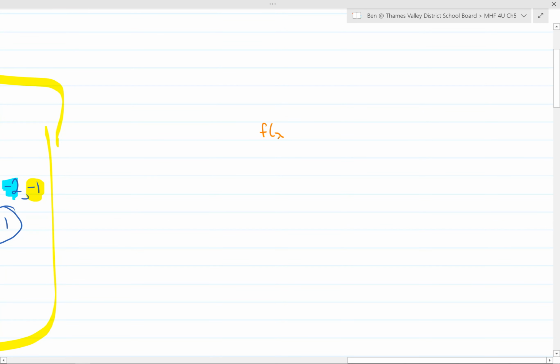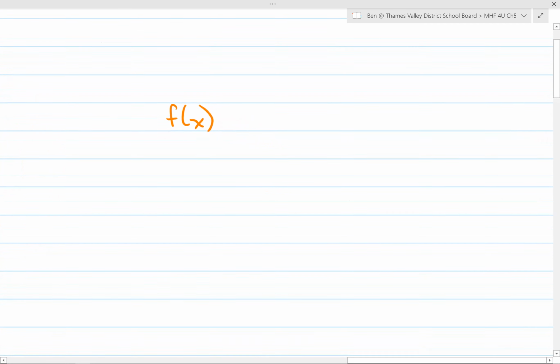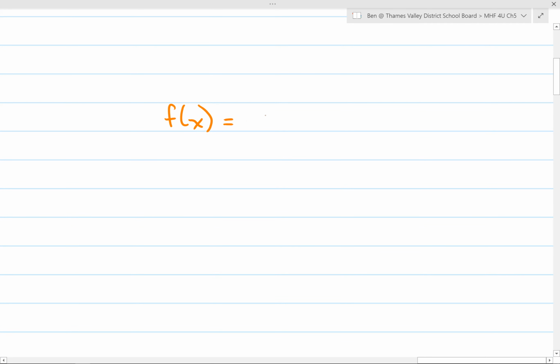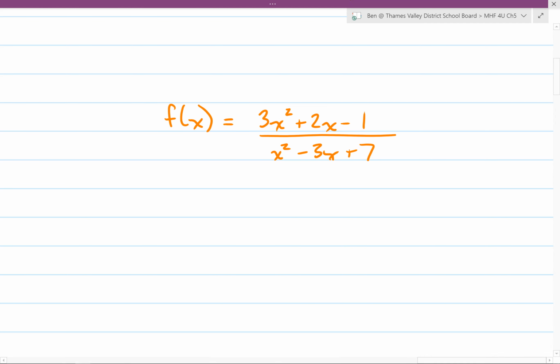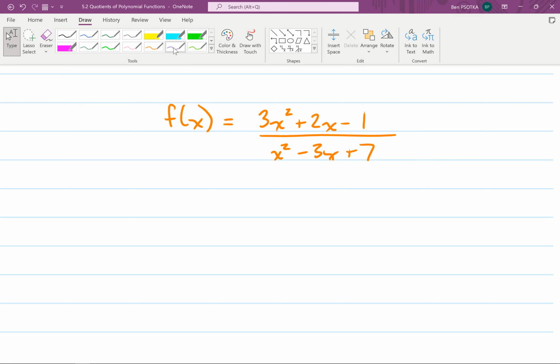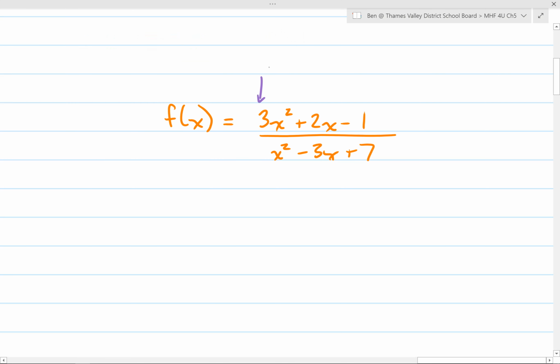If I have f of x, zoom in a little more for you here, f of x equals 3x squared plus 2x minus 1 divided by x squared minus 3x plus 7, then I can take a look just at the leading coefficients of my numerator and denominator. So my leading coefficient here is 3. My leading coefficient here is hidden. It's 1, right? 1x squared.